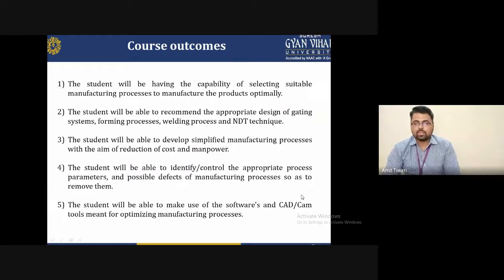Fourth, the student will be able to identify or control the appropriate process parameters and possible defects of manufacturing processes so as to remove them. Fifth, the student will be able to make use of software and CAD/CAM tools meant for optimizing the manufacturing process. So these are the outcomes after the student completes the manufacturing technology series.